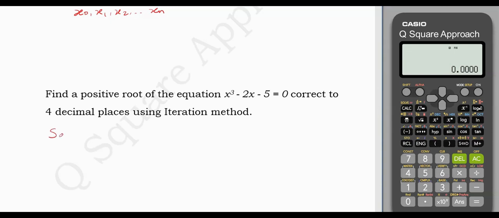Solution. Let us take the given equation x cube minus 2x minus 5 equal to 0 as f of x, that is f of x is equal to x cube minus 2x minus 5.